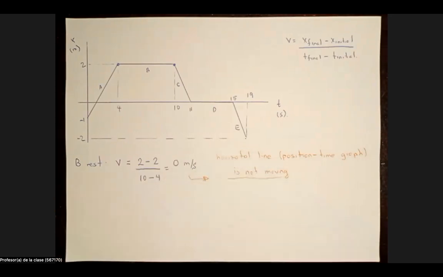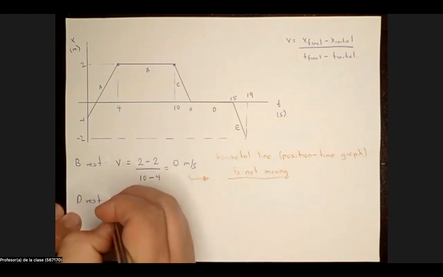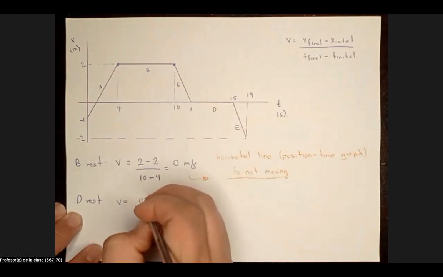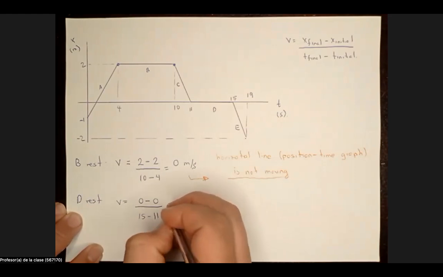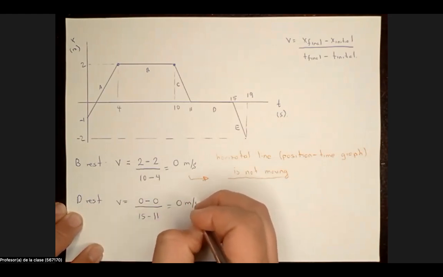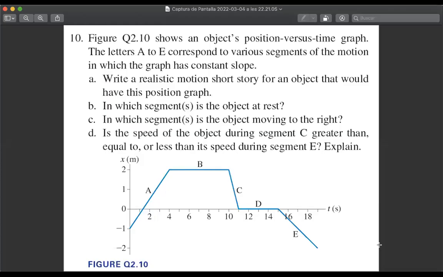This represents this 0 over here. And of course, segment D, we have the same: 0 minus 0 over 15 minus 11, that will be 0. So at B and D are the segments where the object is at rest, right? Excellent. So back to the question.